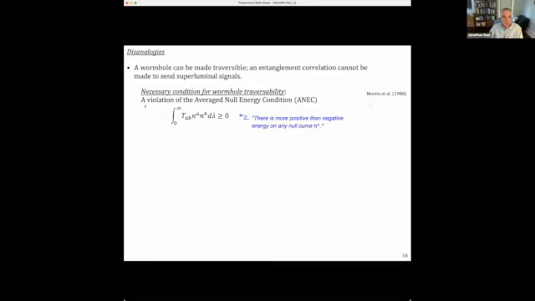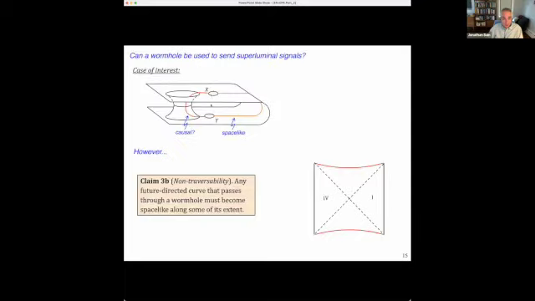The necessary condition is a violation of what's called the average null energy condition in general relativity, where the integral is over the stress energy tensor T_ab contracted with a null curve n. So roughly this says there is more positive than negative energy along any null curve n. And if this condition is violated, then Morris and colleagues showed that we can come up with a scenario in which two regions, space-like separated in the exterior, can be connected by a causal curve through the wormhole.